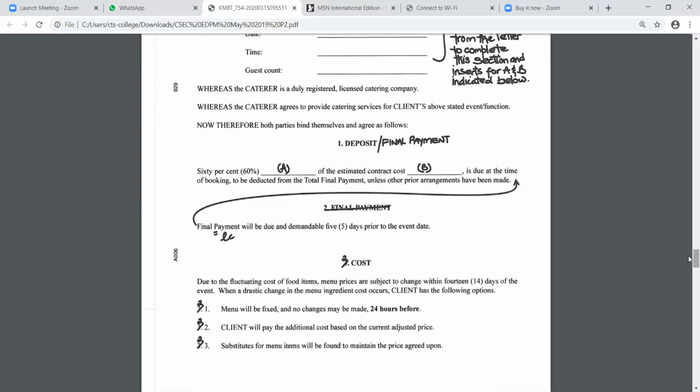Which one of the questions, guys, did we just work out 60% and then work out our costs? In which part of the question did we just work out that?